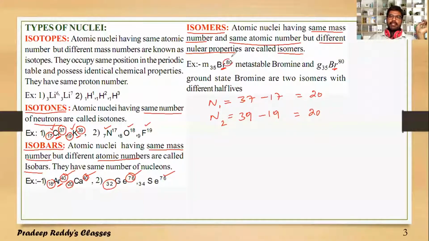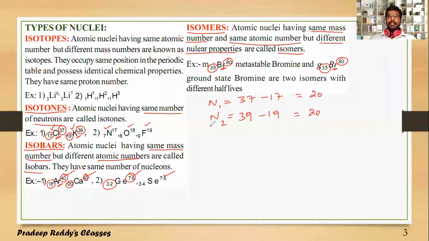Atomic number is 35, atomic number is 35. Mass number is 80, mass number is 80. But the nuclear properties of these two nuclei are different. So isomers are those atomic nuclei having the same mass number, the same atomic number, but different nuclear properties.